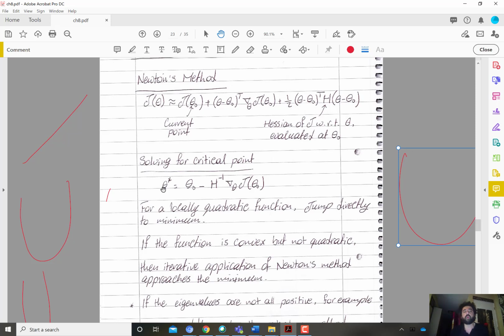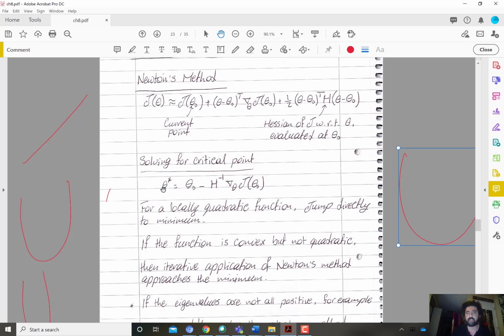Okay, so basically what Newton's method does is that it approximates the cost function in the local neighborhood by a quadratic function, and then it jumps to the critical point. So it can be very advantageous, and that's the idea behind it, compared to solutions that depend on first order gradients, because it jumps directly to the critical point. Now, there are many problems with Newton's method, especially with deep learning, as we'll see.